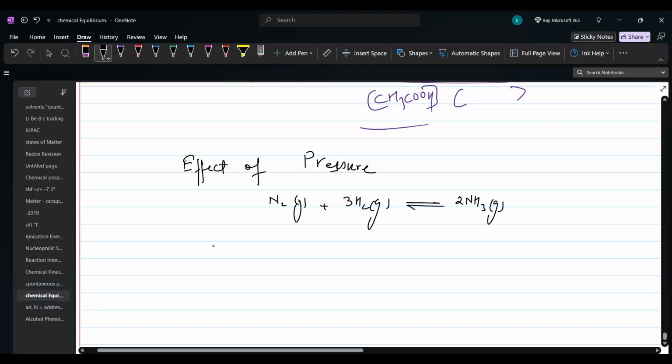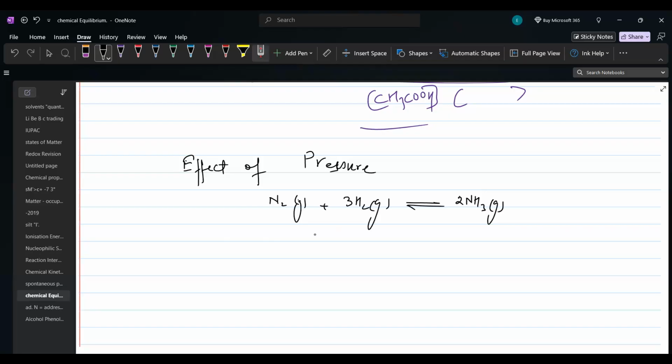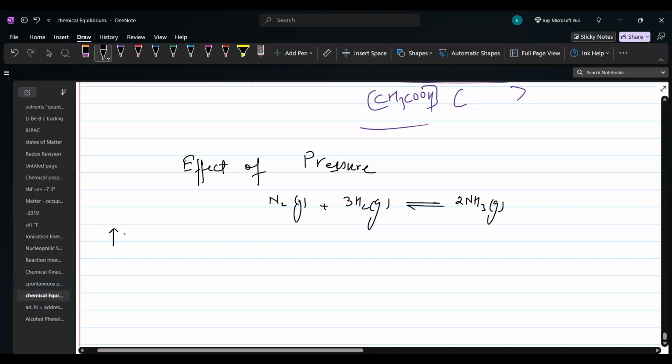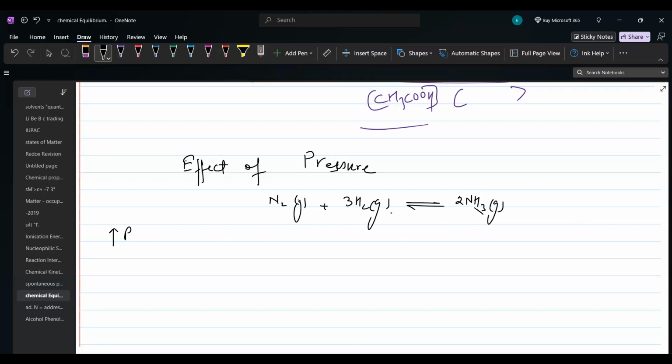Now I'm asking you people a question, please respond. In one case we are increasing the pressure of this equilibrium system. Equilibrium has already been achieved and we are increasing the pressure.